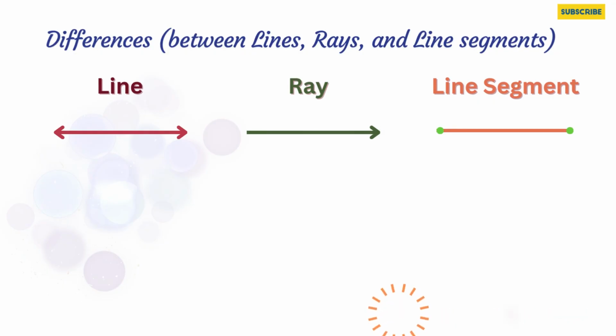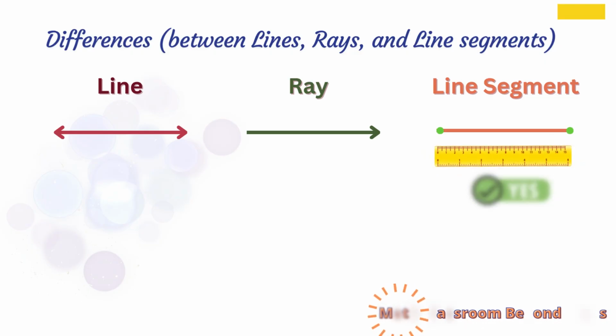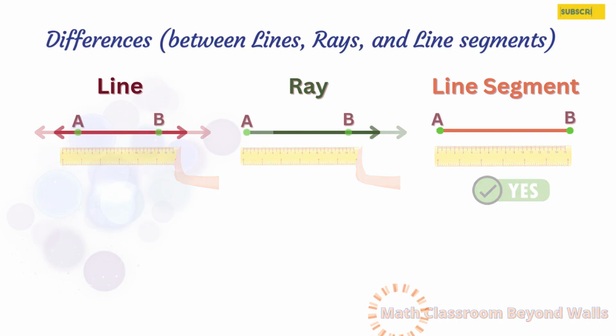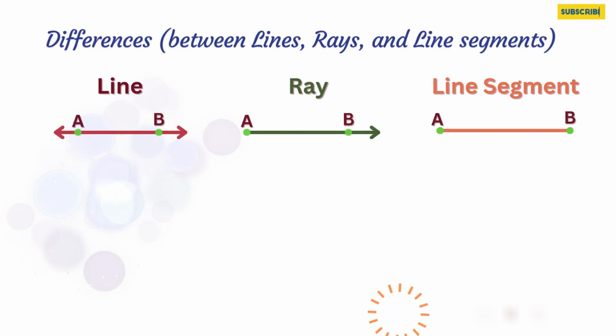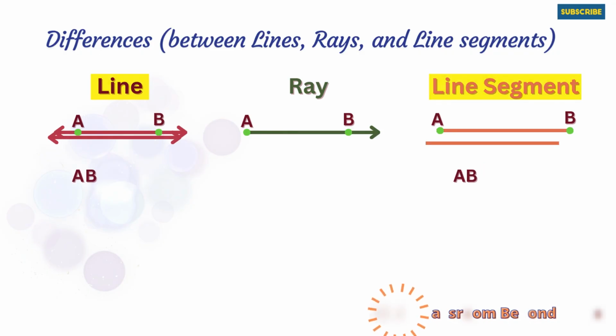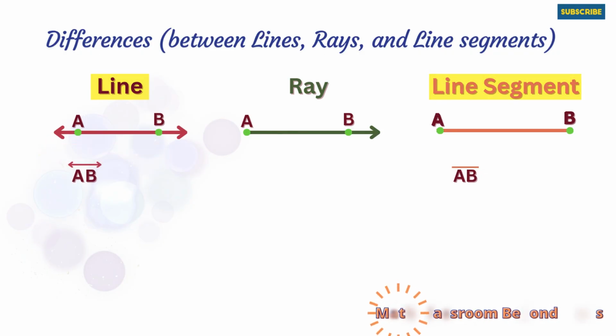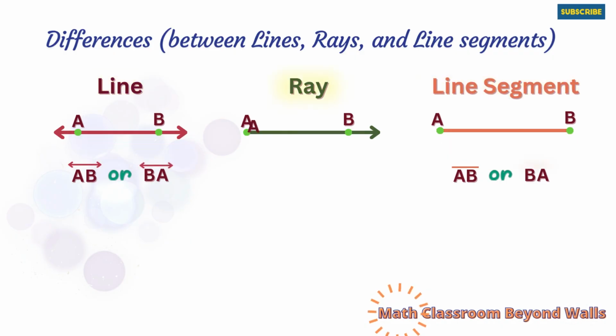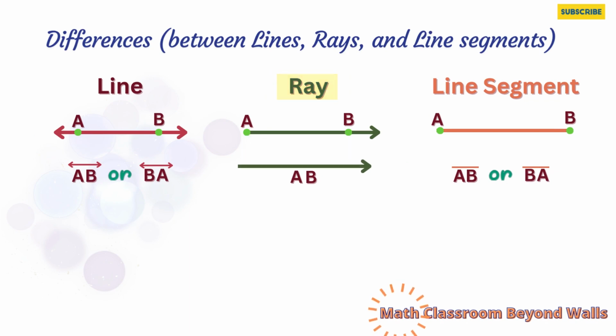Second, their measurability differs. While line segments are measurable, lines and rays are not. Third, the way they are named differs. For lines and line segments, the order of the letters doesn't matter. But for rays, the endpoint comes first. The names also carry with them different symbols.